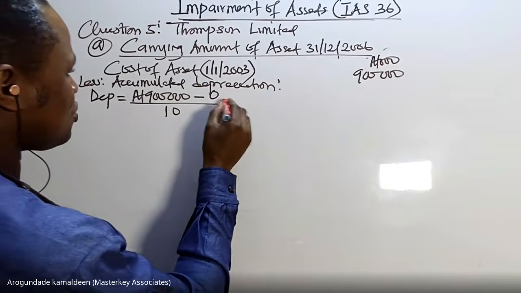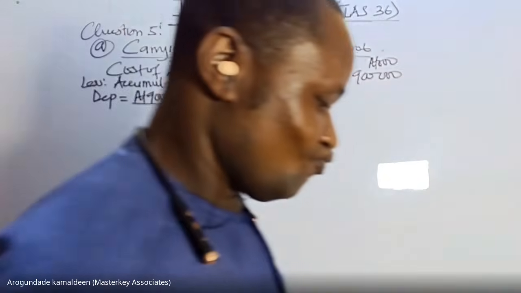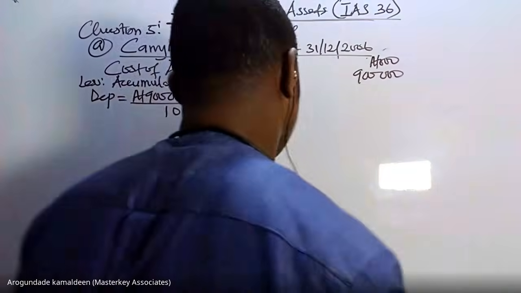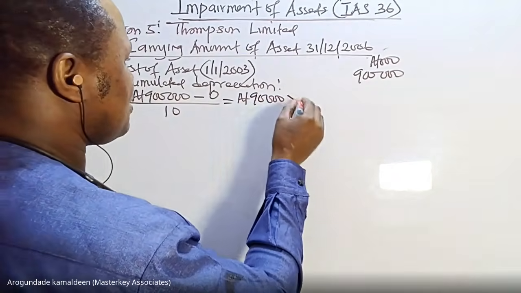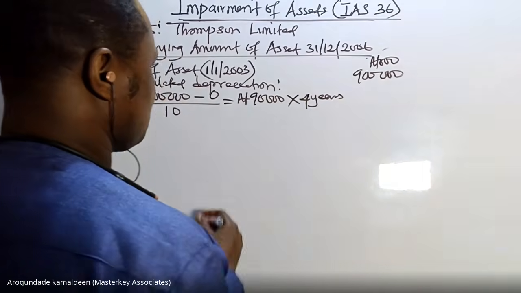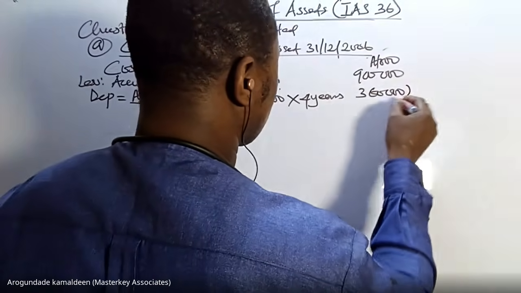How much do you charge per annum? 90 million. So you charge 90 million per annum times 4 years, that will be 360 million.